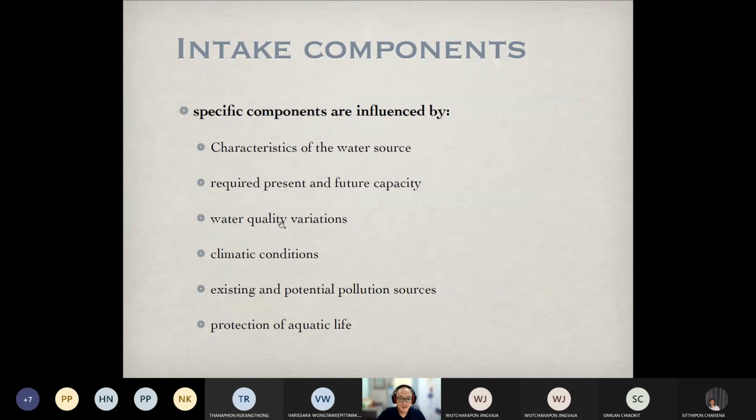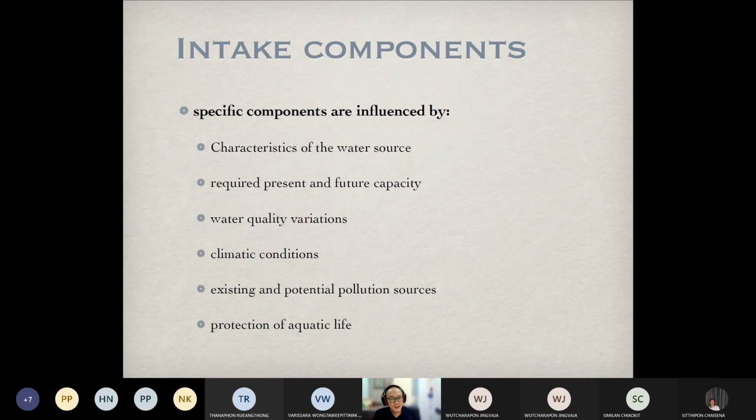We also need to be concerned about the present and the future capacities. As I told you, for the intake facilities, we need long-term use. So we need to decide for the next 40 to 50 years, unlike what we do with the unit operations and unit processes in the water and wastewater treatment plant.